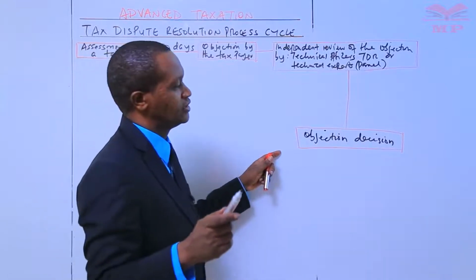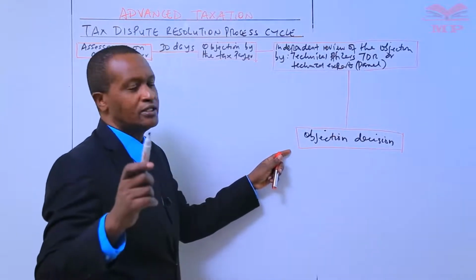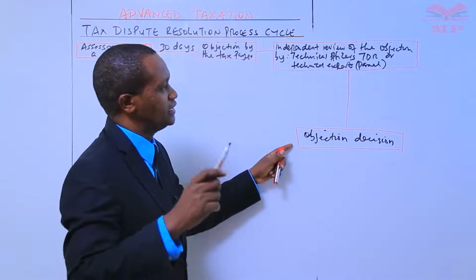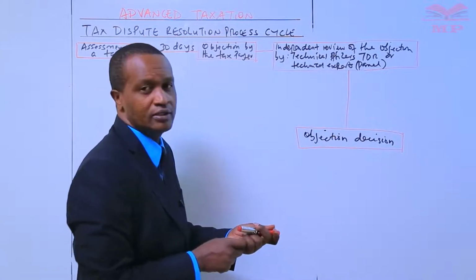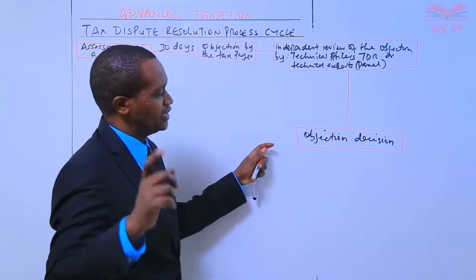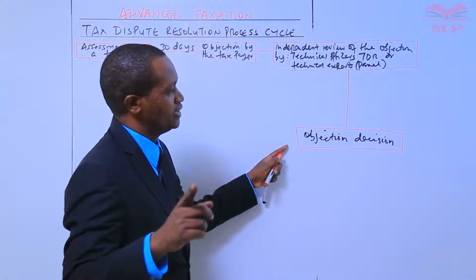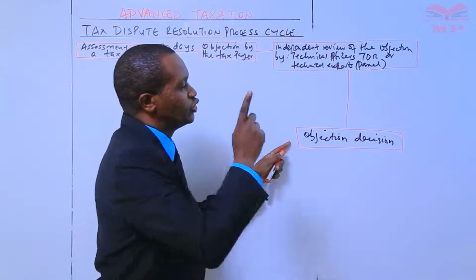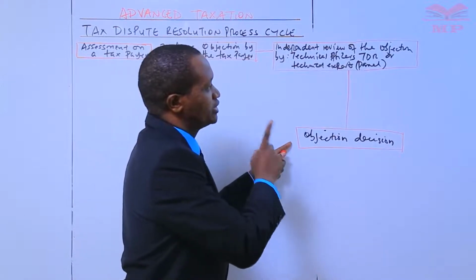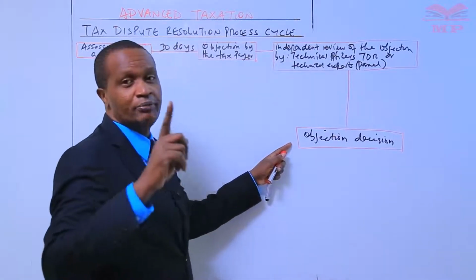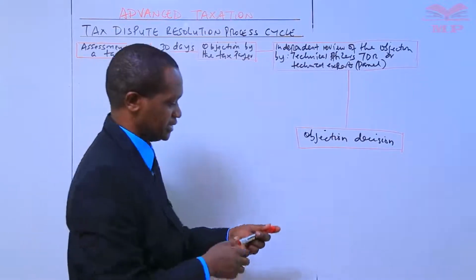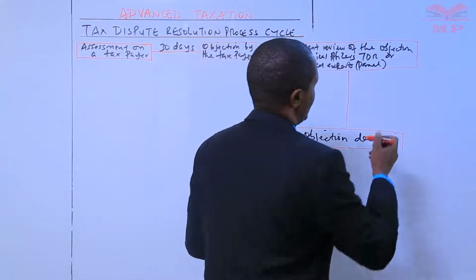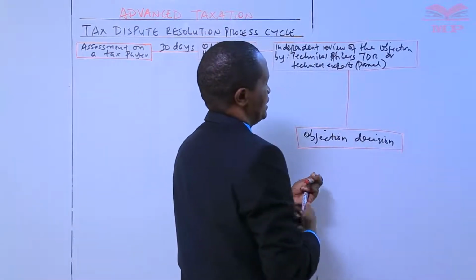Now, candidates, the objection decision, as we learned earlier, should be communicated to the taxpayer within a period of 60 days.